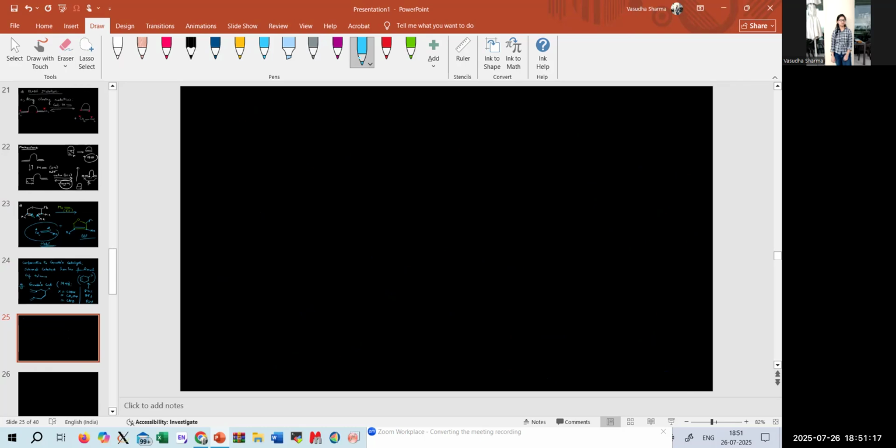All right. Moving ahead, now we have another part of it, which is ring closing metathesis of alkynes.